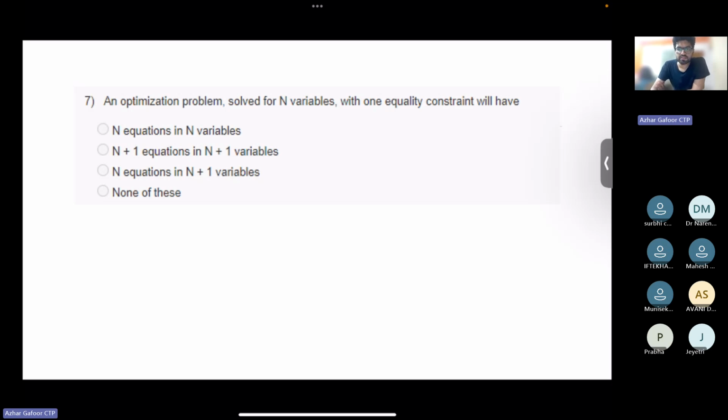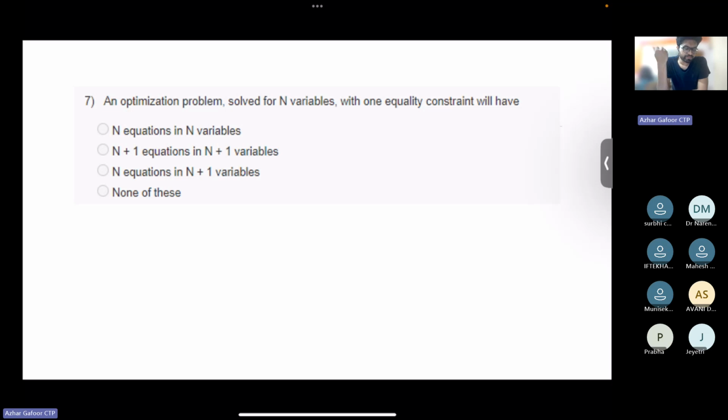So this is a theory question. We have n variables and one equality constraint. If you write the Lagrangian and take the derivative with respect to the n variables, we have n equations, and in addition to that, we have the Lagrangian multiplier also.